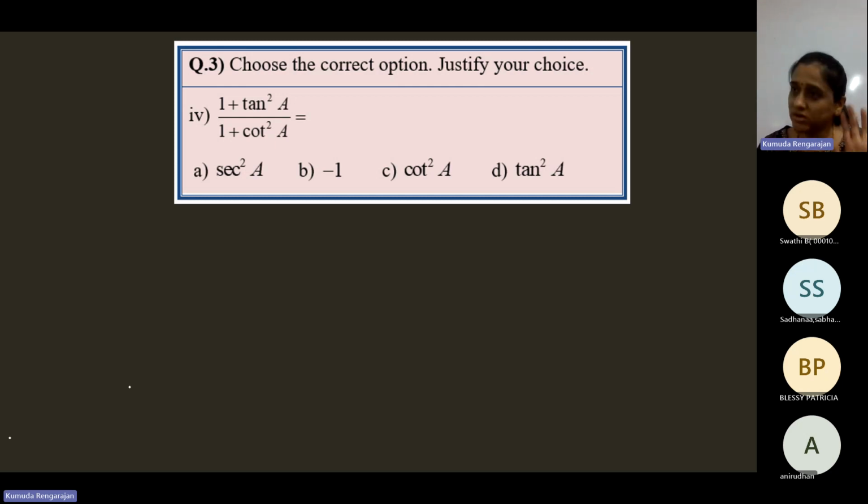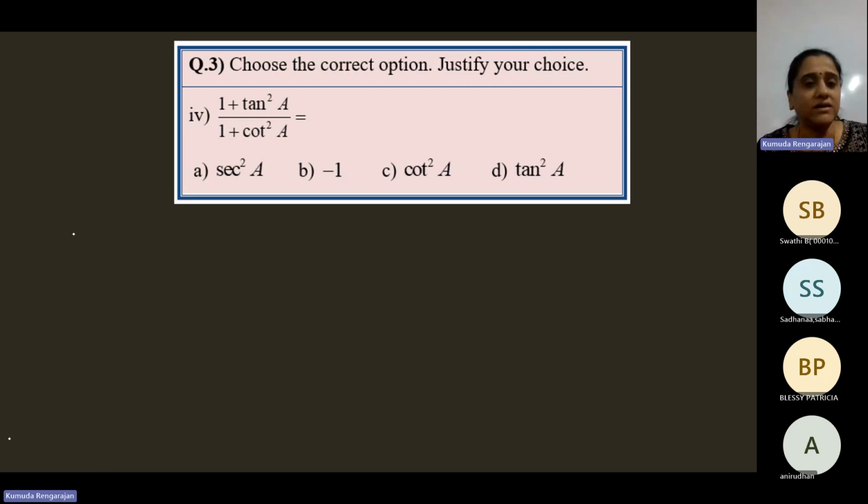That's the rule, and we use it everywhere. But when we have only tan and cot, we have two options. Either you can change tan and cot to sine cos, or you can retain tan and change cot to tan, or retain cot and change tan to cot. That other option is available.